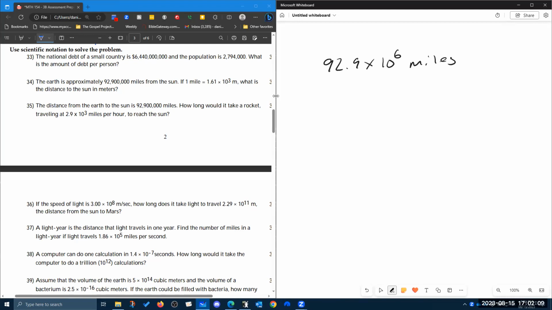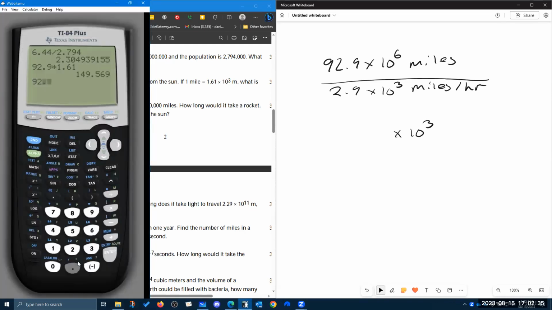So distance divided by rate is equal to time. 92.9 divided by 2.9 is 32.0344826 times 10 to the 3rd.